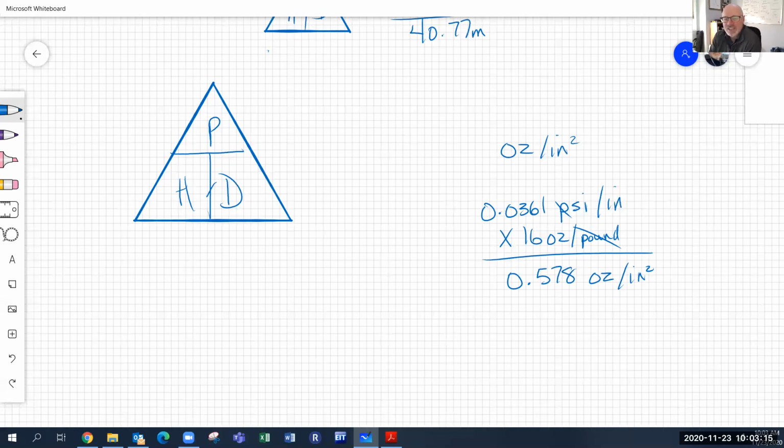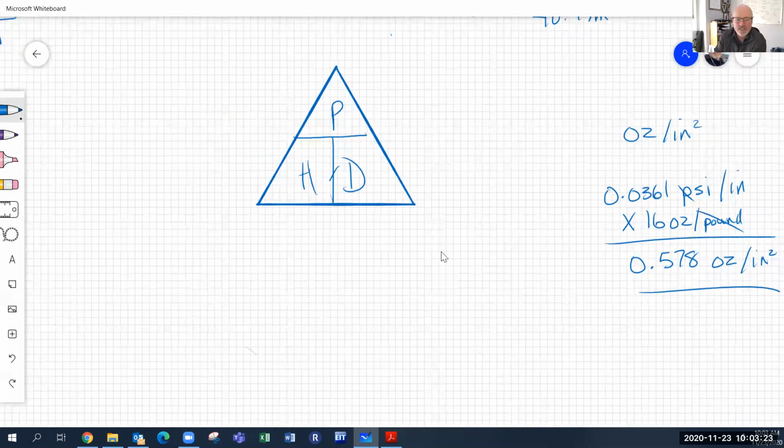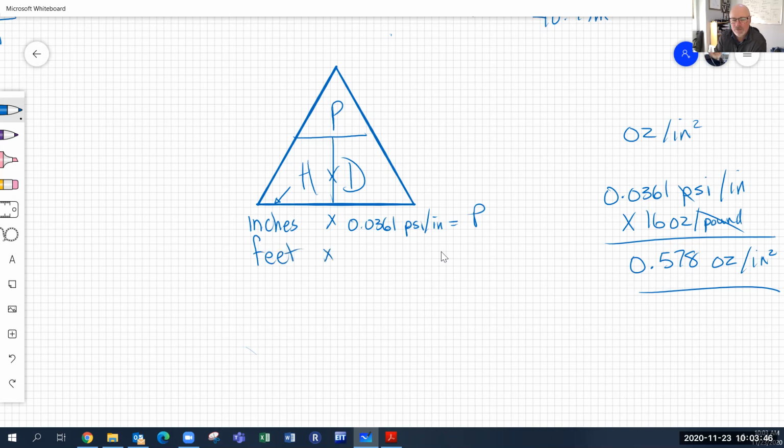Anyhow, so this is another number that they want us to memorize. So here we go, I'm going to give you these densities again. If we're talking about inches of water, as in my height, we multiply that by 0.0361 psi per inch. That gives me my pressure. If we're talking about feet of water, we multiply by 0.433 psi per foot.